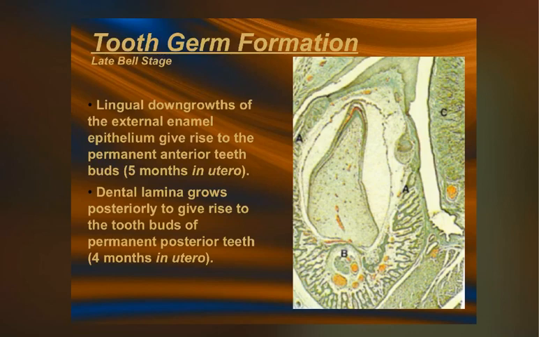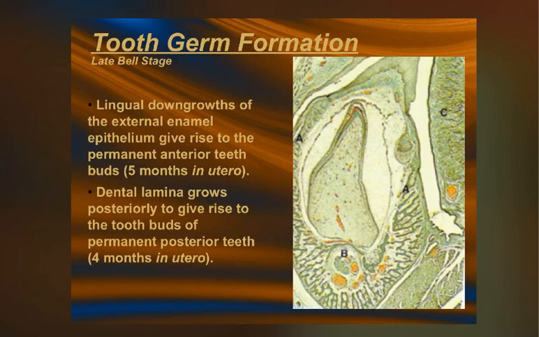So all permanent teeth reach the bud stage at week 20, except second molar and third molar, which are exceptions.